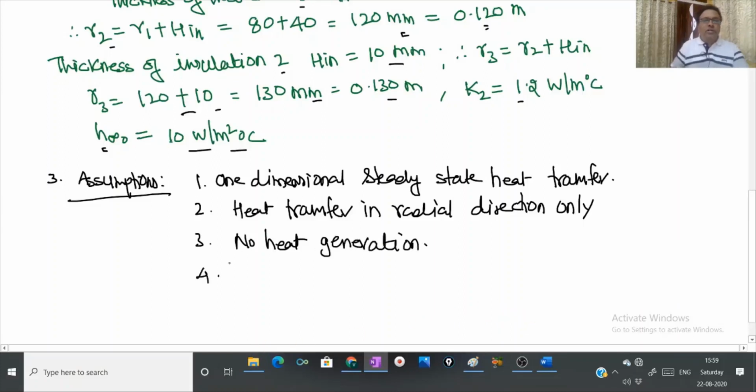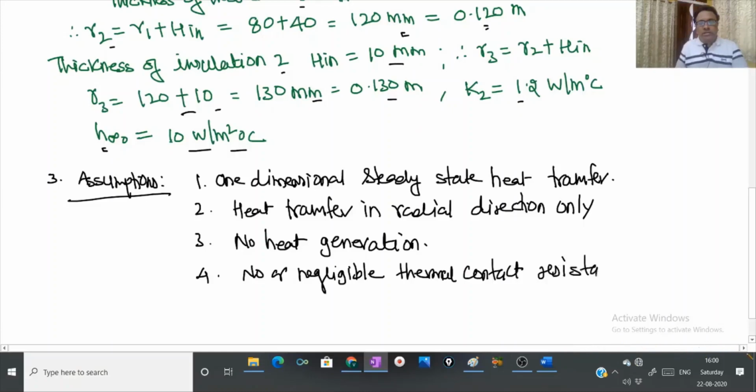Number 4, the steam pipe surface and insulation 1 and 2 are forming a composite system. So between interfaces, due to imperfect contact, thermal contact resistance may come into the picture. And the problem does not say anything about the thermal contact resistance, so we will neglect it. So no or negligible thermal contact resistance.